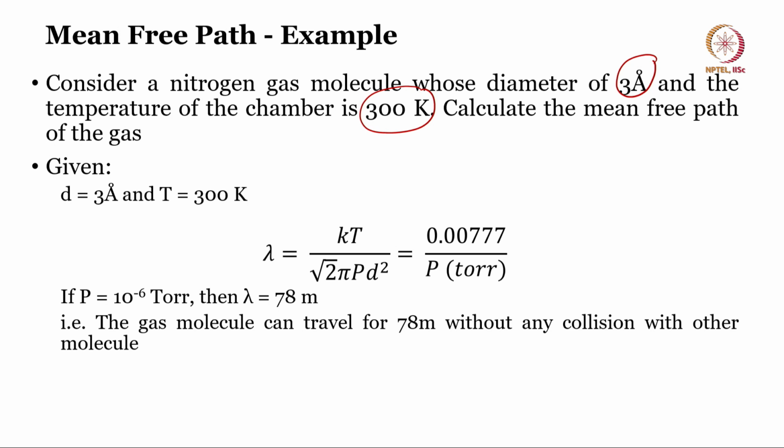So let us assume a pressure of 10 to the power -6 or -5 torr; depending on that, the overall result will come out differently. If we consider P equals 10 to the power -6 torr and place all the values in the equation, we get lambda of 78 meters. That means the gas molecule can travel 78 meters without any collision with other molecules.